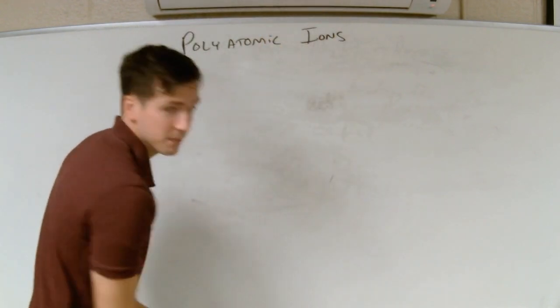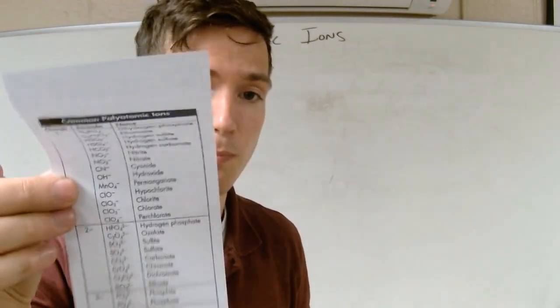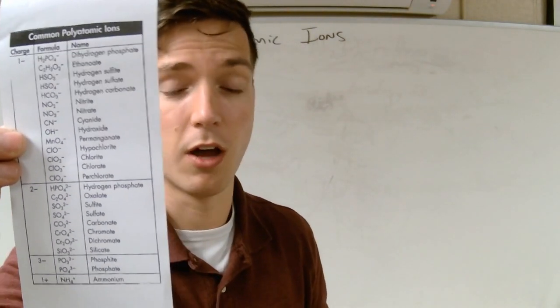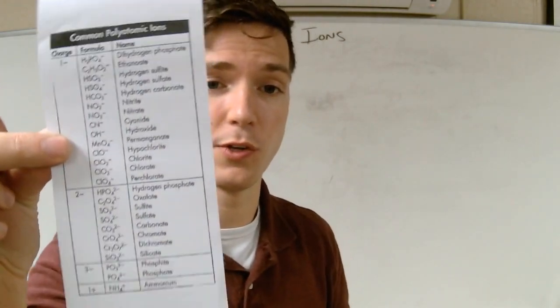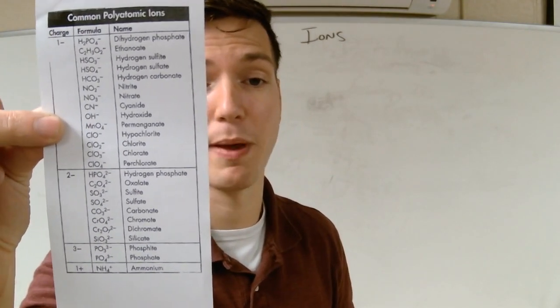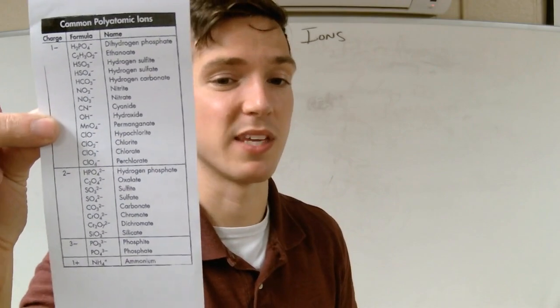Now, I have posted this polyatomic ion sheet onto our topic for today. You can use this on any test, quiz, worksheet, anything. This is for you to look at and to help you on the test. I don't expect you to memorize all these. If you take AP Chem, you will have to.